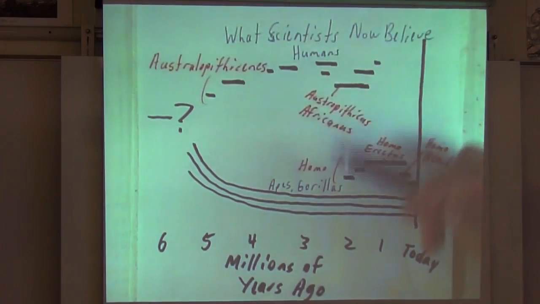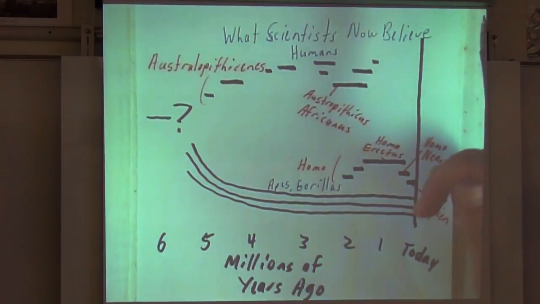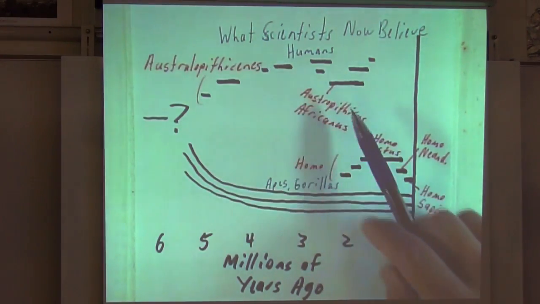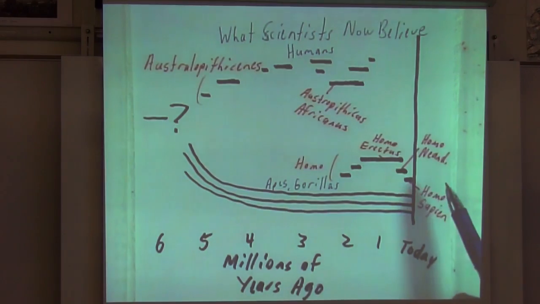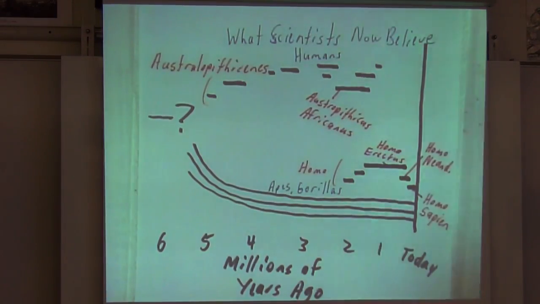Well, what are the major differences here? Well, one of the first things I would say is obviously brain size. All right? Especially as this went along, all the humans' brains, regardless of what you believe, whether it's this one or whether it's this one, brains got bigger. Okay, craniums got bigger.